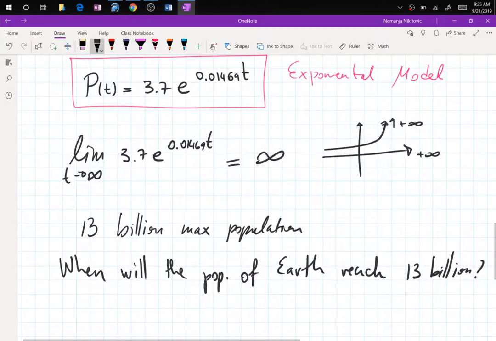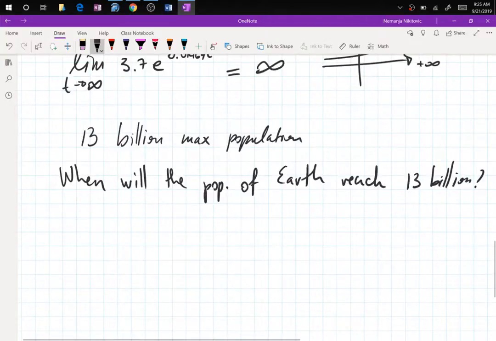You stick the 13 for p, and then you just calculate t. So it's very simple. We have 13 equals 3.7 e to the 0.01469 t. And then you do the same calculation like for the k. Divide 13 by 3.7.